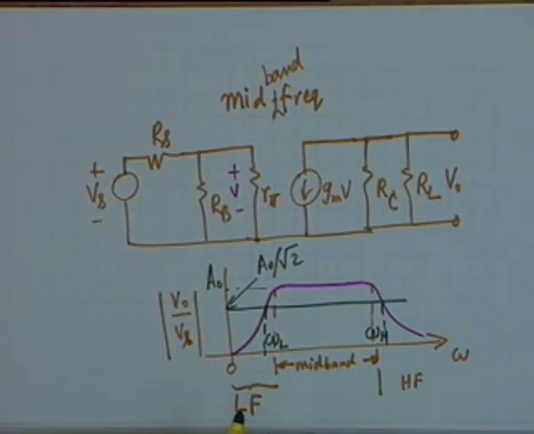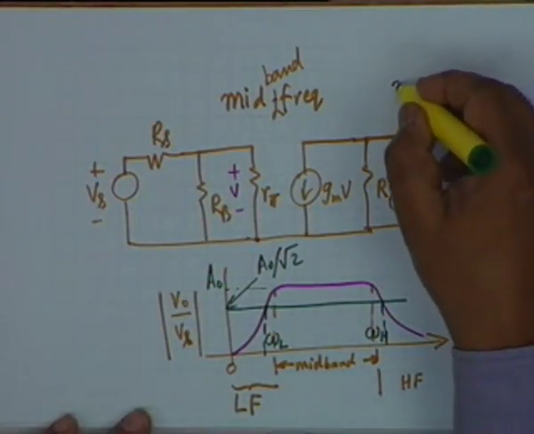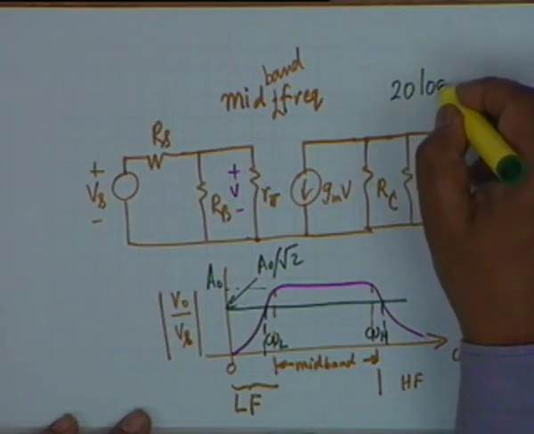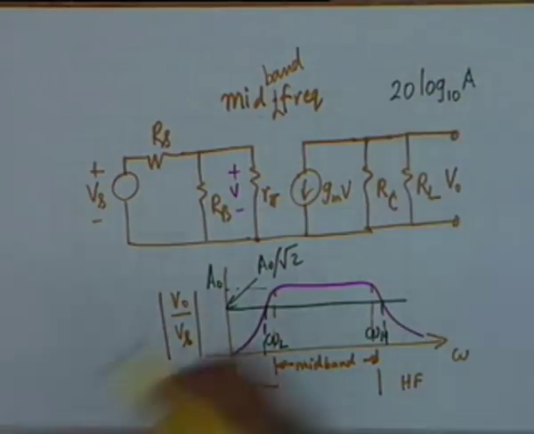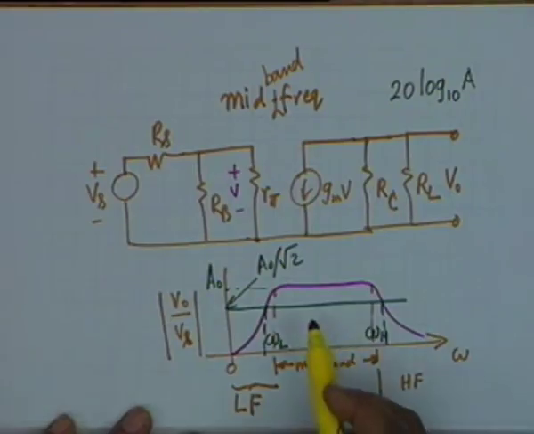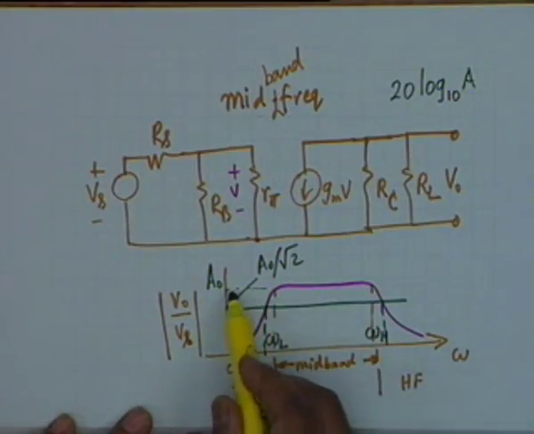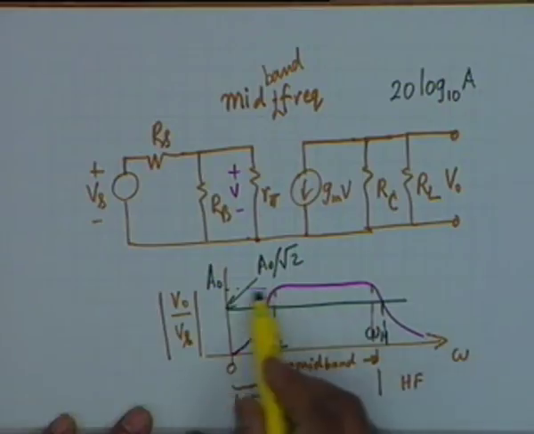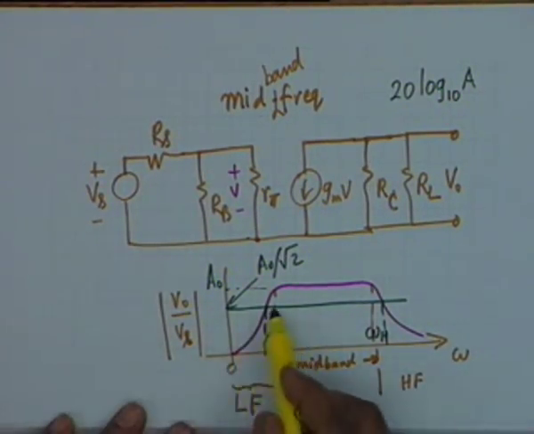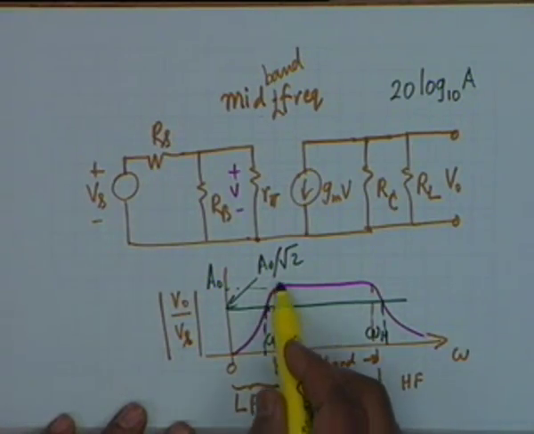I have also told you that the gain is usually expressed in terms of decibels, and the decibel gain is 20 log 10 of A, and 20 log 10 of 1 by root 2 is approximately minus 3, and therefore if the mid band value is taken as the reference, then this level is 3 decibels below the mid band value.